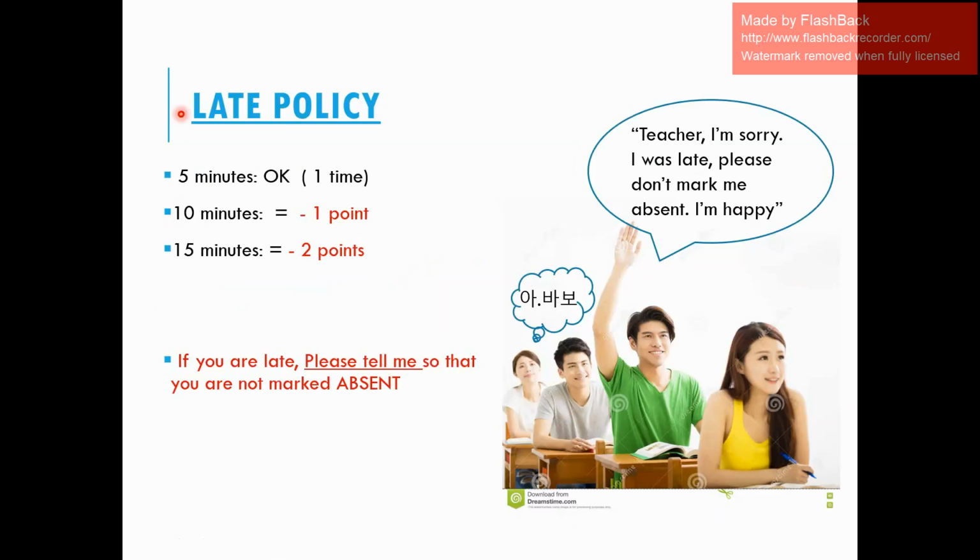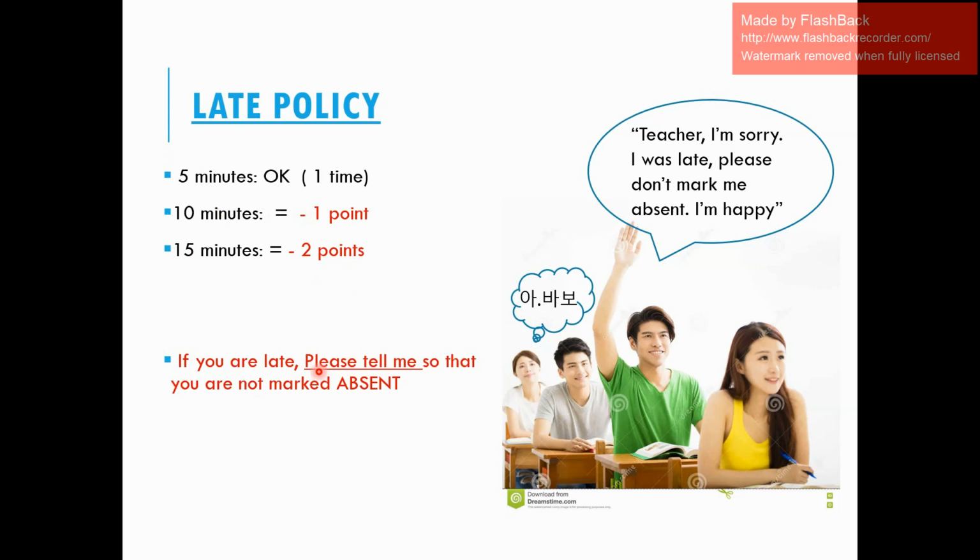Late policy: if you arrive late to class, please tell me, let me know, so that I can check your attendance sheet. So if you come late to class, 5 minutes is okay. 10 minutes is going to be minus 1 point. If you are late 15 minutes, it's going to be minus 2 points.